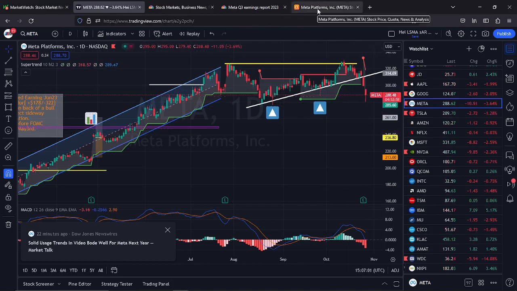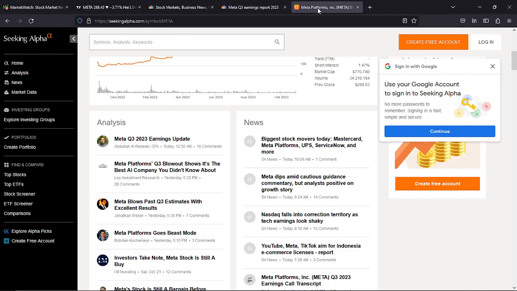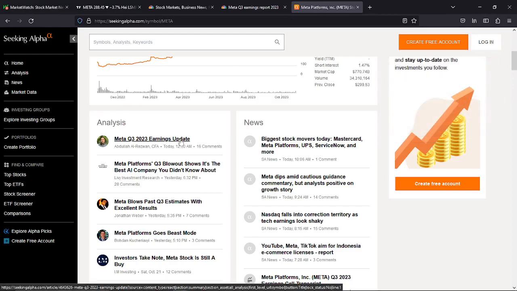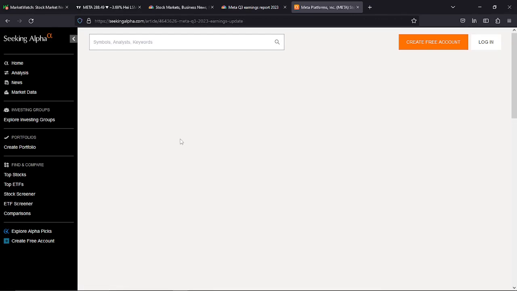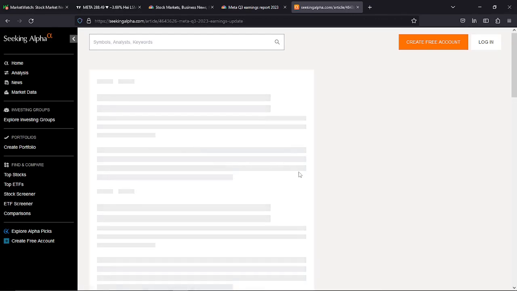Unlike Google, yesterday was Google. Remember that Google was not doing well on the cloud platform services. That's why people sold into it. Today, there's no big reason yet for it to really sell off.